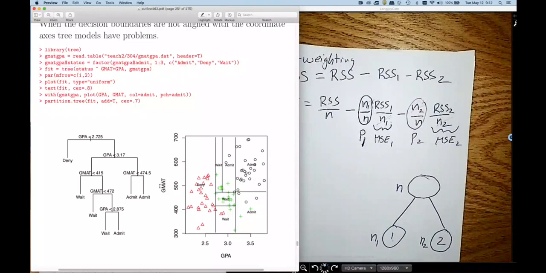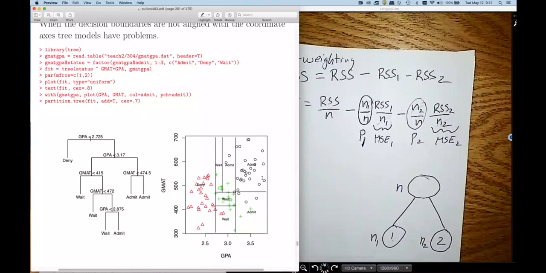And we've had some human experts classify these applications into 3 groups: deny, waitlist, and admit. And what we saw was that quadratic discriminant analysis did a little bit better than linear discriminant analysis and naive Bayes on this problem. But let's see how we do with trees.